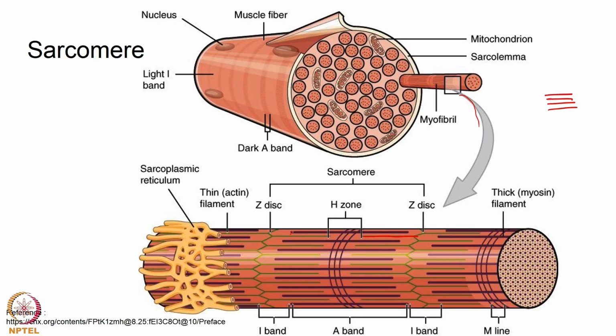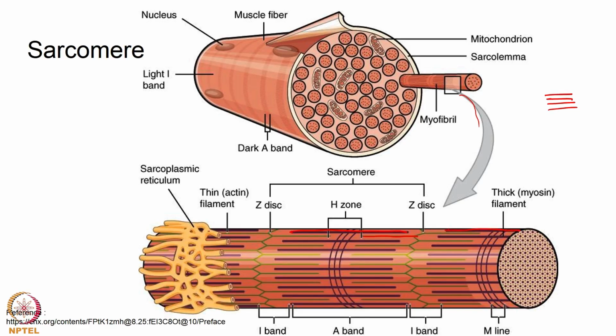The dark bands are formed due to the visible thin and thick filaments together. There are two kinds of filaments within these. One myofibril is composed of several dark bands.